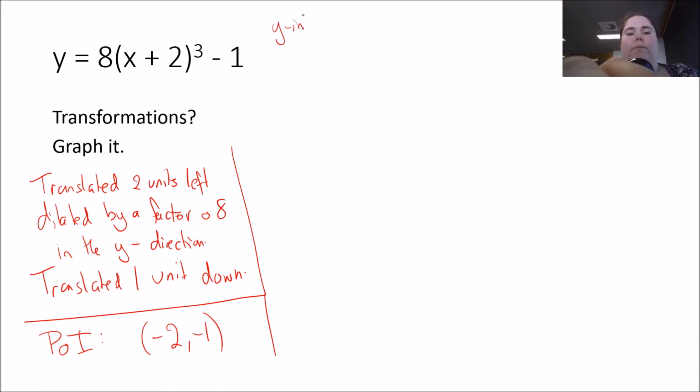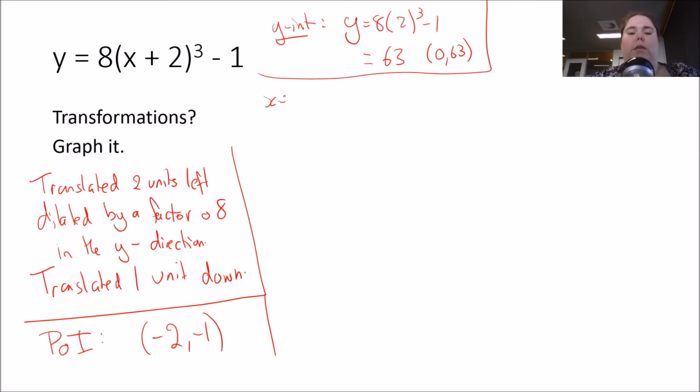Y-intercept. Well, that's when x equals 0, so we've got y equals 8 times 2 cubed minus 1. So 2 cubed is 8, 8 times 8 is 64, 64 minus 1 is 63. So there's our y-intercept. Then x-intercepts. So once again, we just sub in y equals 0, and then we rearrange our equation.